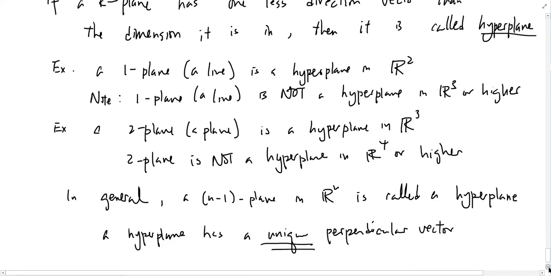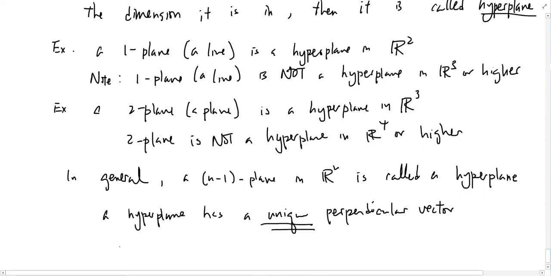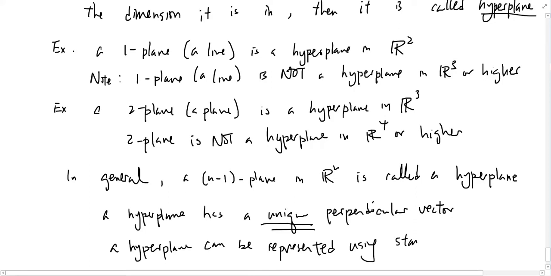And therefore, a hyperplane can be represented using standard form. As a matter of fact, a hyperplane is the only plane that can be represented using standard form in whatever dimension it is in.